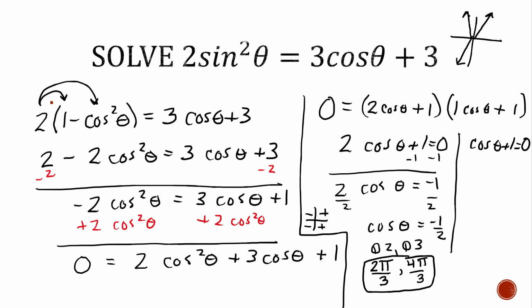All right, and then we're going to solve the other one by subtracting 1 from both sides. So we're looking for places where cosine is equal to -1. And again, I'm thinking to myself, I don't know anything off the top of my head, so I'm going to try to pull it from the graph.